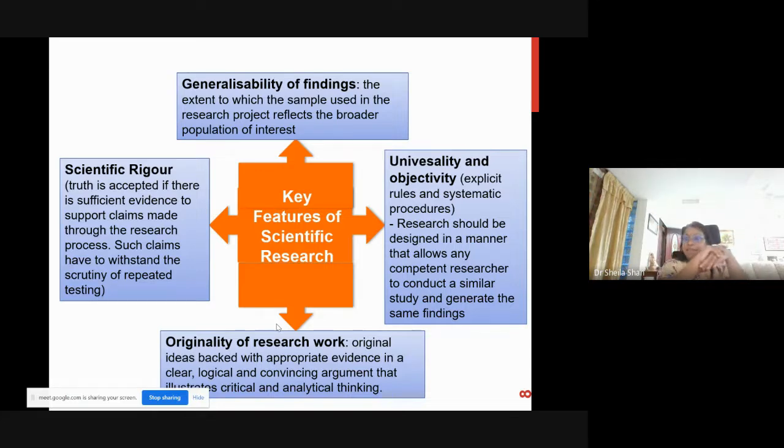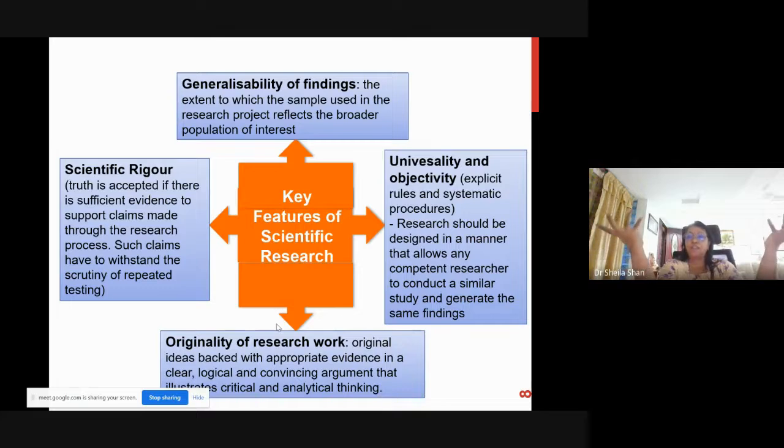So when you have a scientific research, what can you do with it? You can generalize. If it can happen in your place, the extent to which the sample used in the research project reflects the broader population of interest. So whatever your finding is, you must be able to generalize.